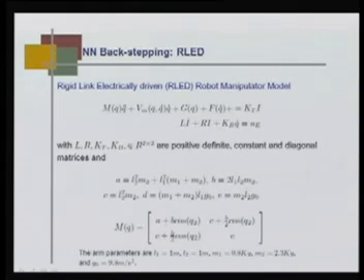Now, we take an example of a robot manipulator, a rigid link electrically driven robot manipulator, for which this is our normal expression: M(q) q double dot plus V_m(q, q dot) q dot, this is Coriolis, this is gravity, this is friction, equal to k_t i, where i is the current of the motor, electrically driven motor.